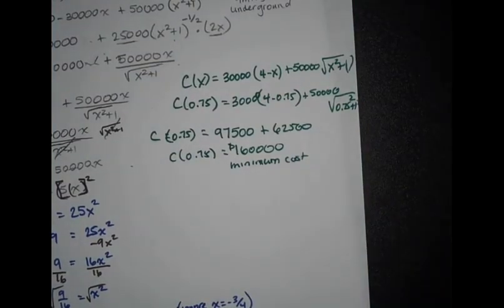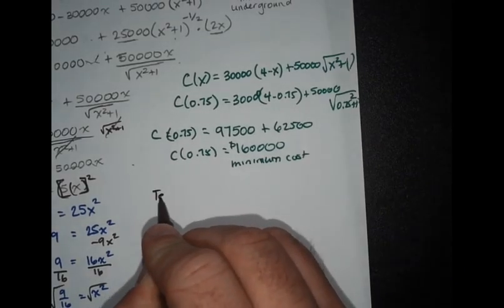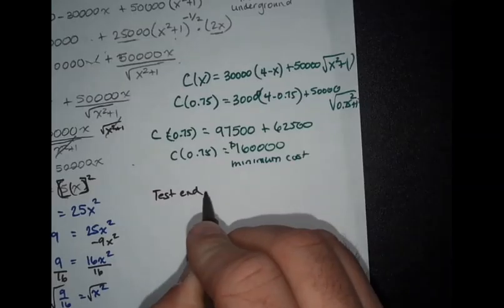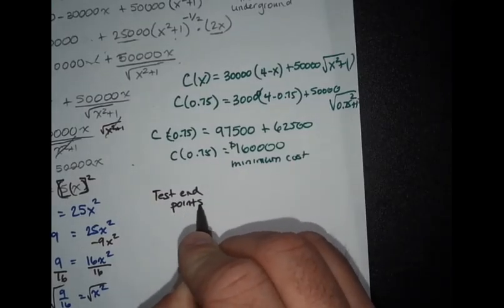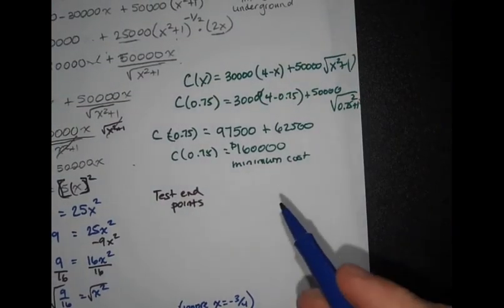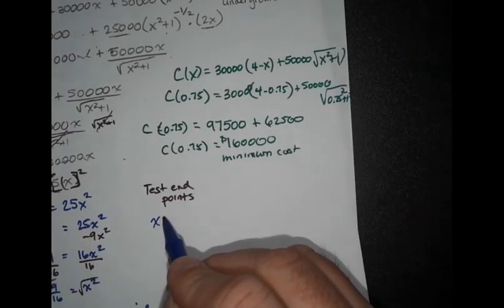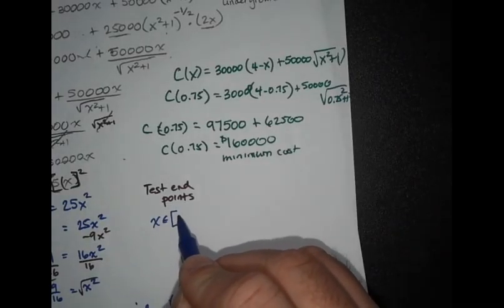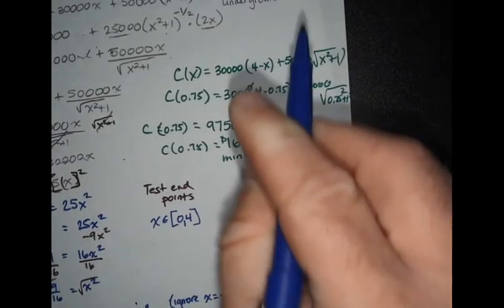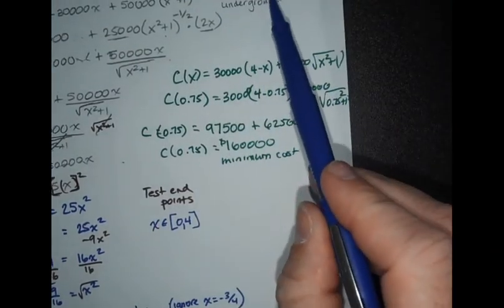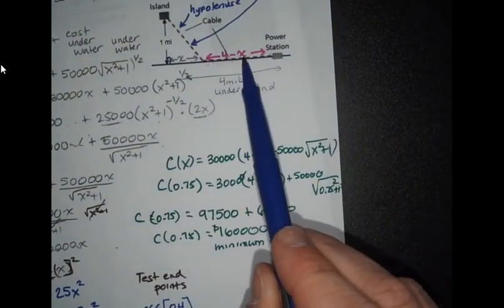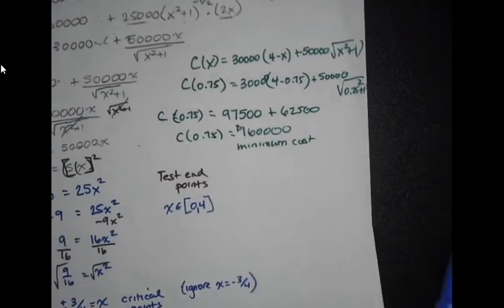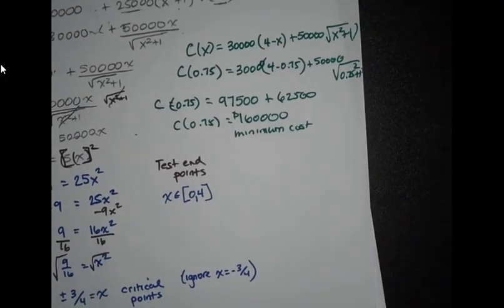Okay, so we also have to test the endpoints. All right, so our function is only valid from 0 to 4, right? If I went back up to here, I can't have x being any bigger than 4 here. So my endpoint is at 0.